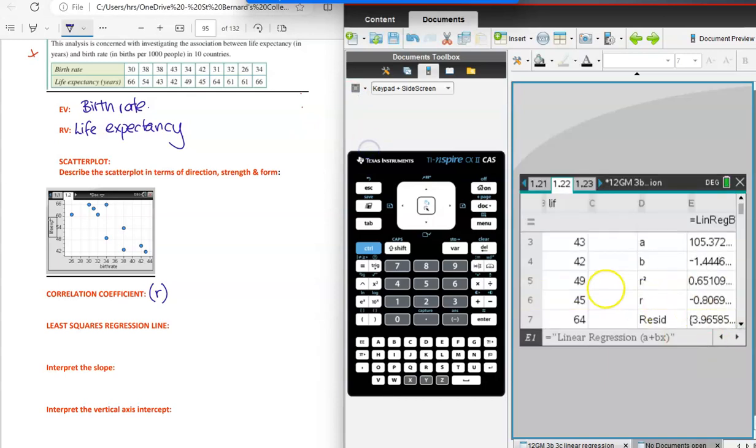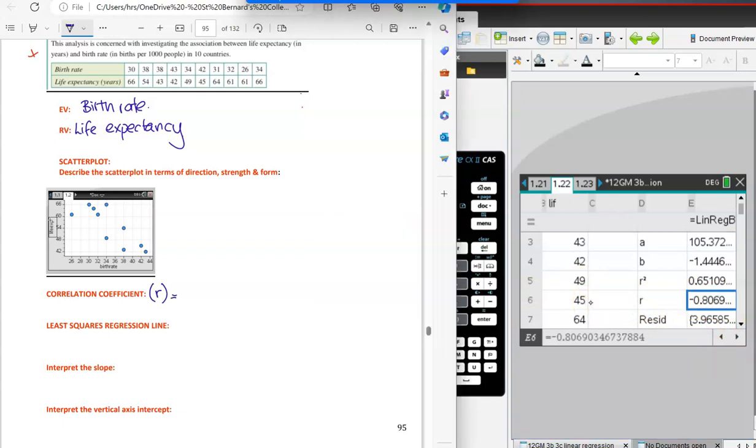So I'm just going to write the R value to 4 decimal places because that's generally what we do. So it's a negative, and that's to 4 decimal places. So if we were describing this one, it would be a strong negative graph.